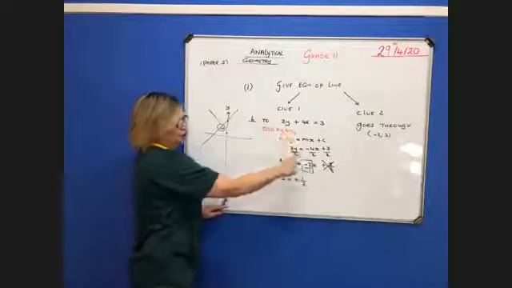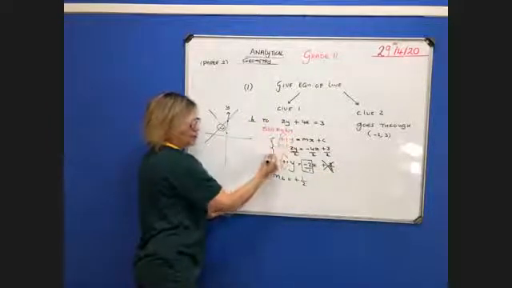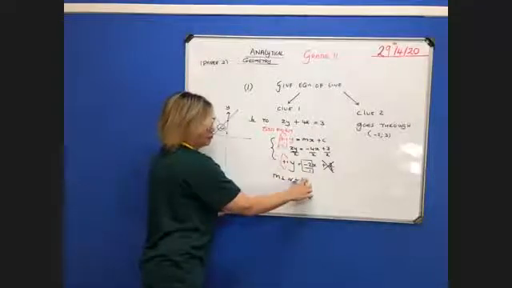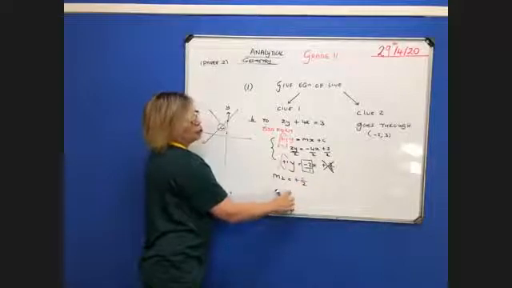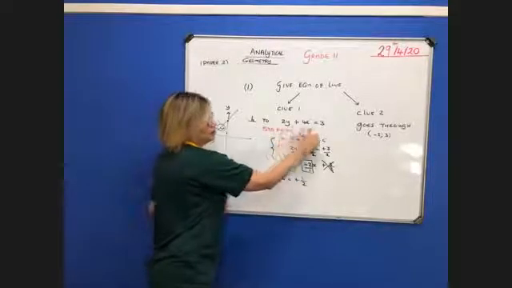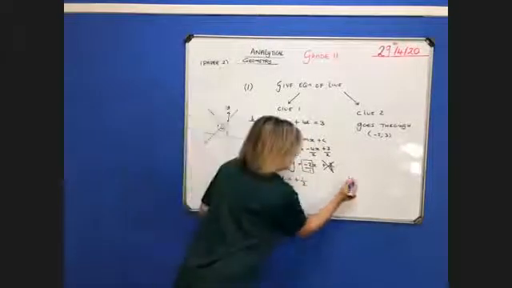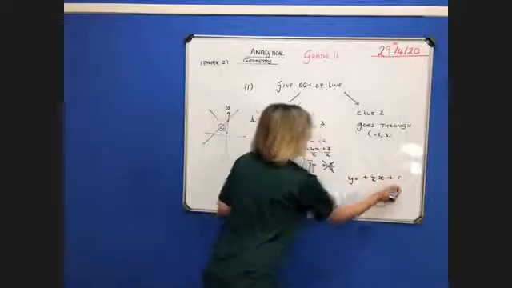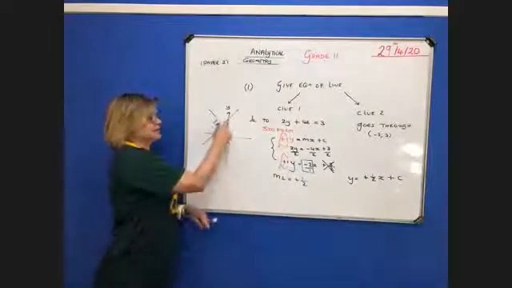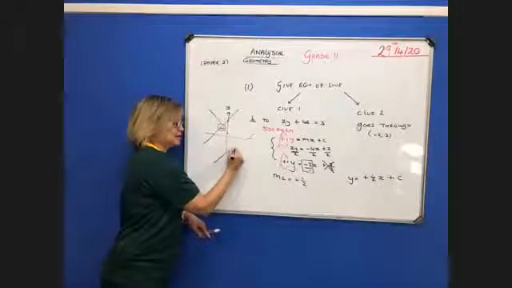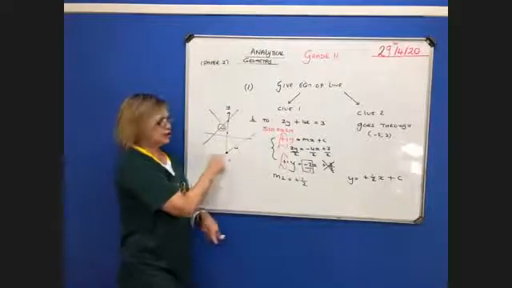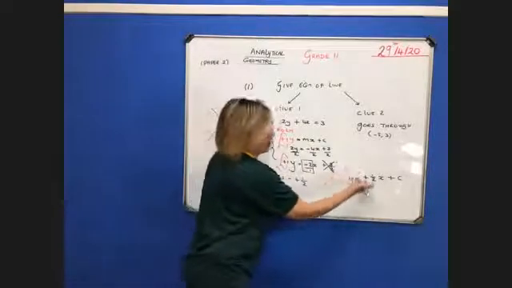I only want you to get their line into standard form to see what the gradient was, so I could work out the gradient of my line, which is perpendicular to their line. All right, so my line, I know the gradient is +1/2 x, but I must find out what my y-intercept is. It might be up there or it might be down there. I haven't visually drawn it correctly, but I'm just trying to show you algebraically.